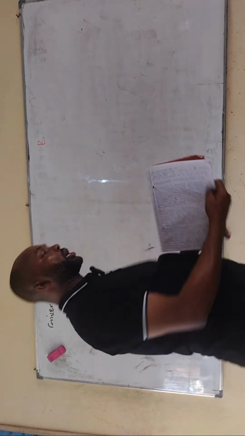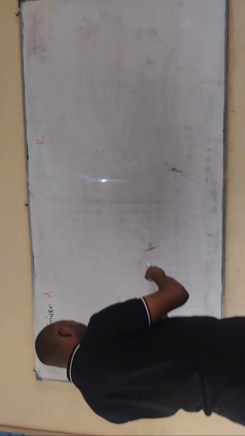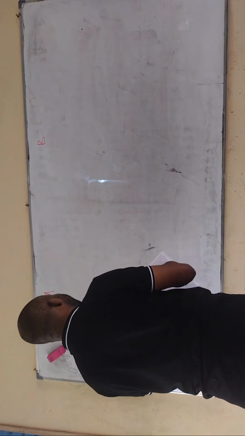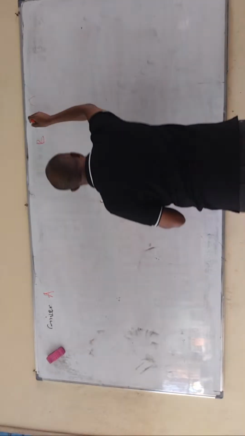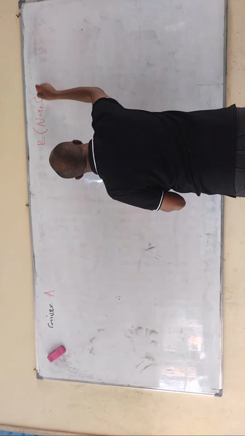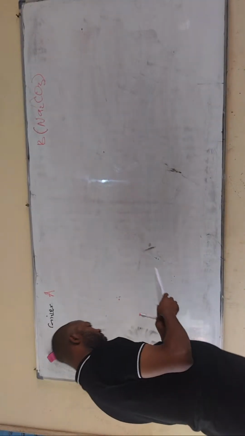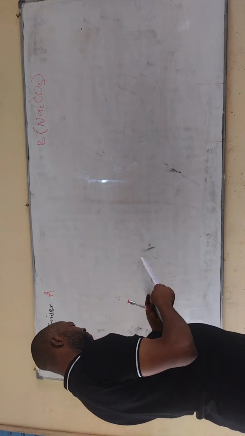Let's take the question now. Let's list out the given. In the titration, 25 cm cube of impure anhydrous sodium trioxocarbonate(IV), so B is sodium trioxocarbonate(IV).